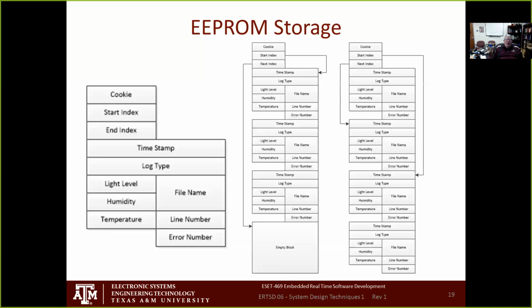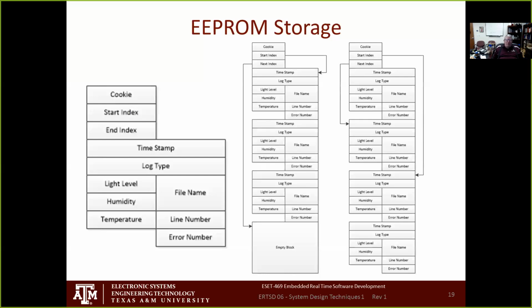So if I were to set my cookie to all ones, then the moment I go in and read an uninitialized EEPROM, I'm going to see that cookie there, and I'm going to assume, if it's FF, hey, looks like we're all initialized. That's dandy.